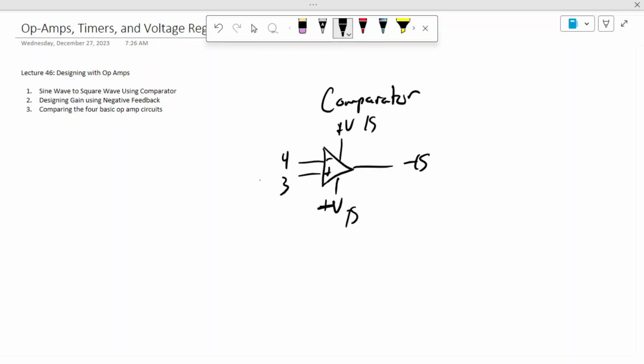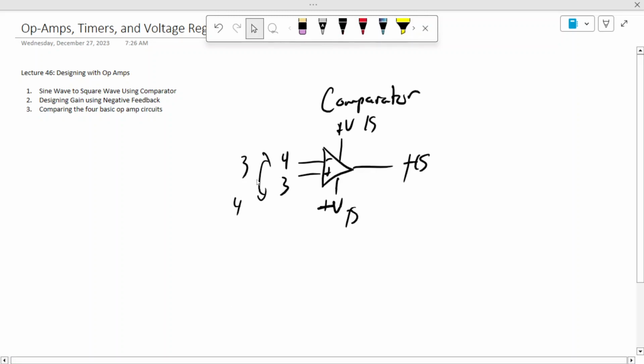Whichever one is bigger is going to determine what the output will be, and the output will immediately cause saturation. If we flip these two and make this 4 and this 3, it'll change to a positive 15. And we talked about how comparator circuits are super useful in a lot of digital applications where you just want to compare two inputs and pick which one is higher to do something else.